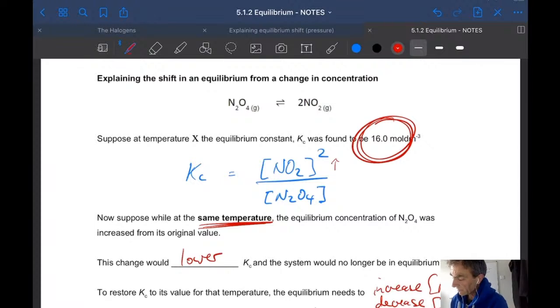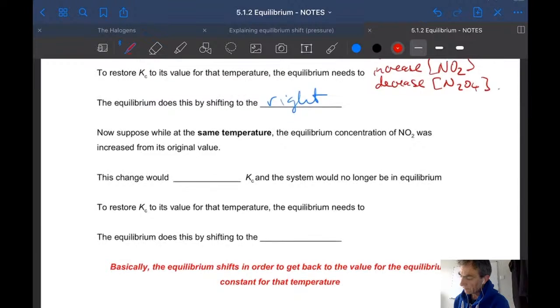What's that going to do? It's going to make Kc get bigger because the numerator's got bigger. That's knocked it out of equilibrium because the Kc is at the wrong value for that temperature. So we need to bring the Kc back down. How does it do that? It lowers the NO2 concentration and increases the N2O4 concentration. So the equilibrium is going to shift backwards.